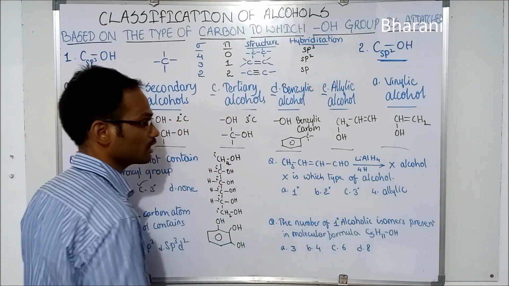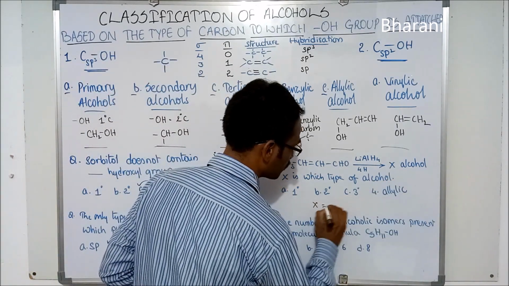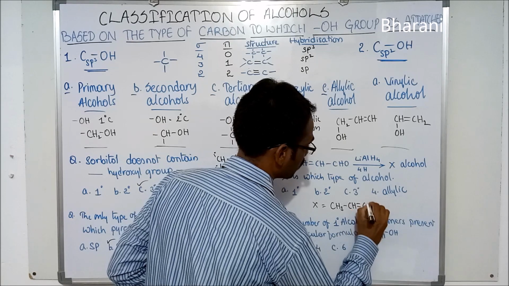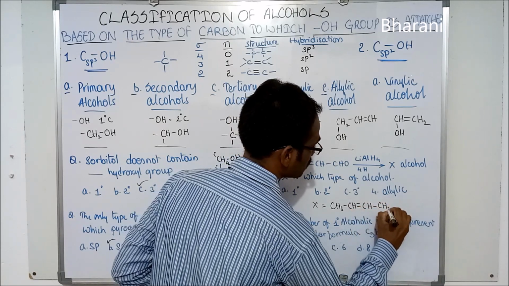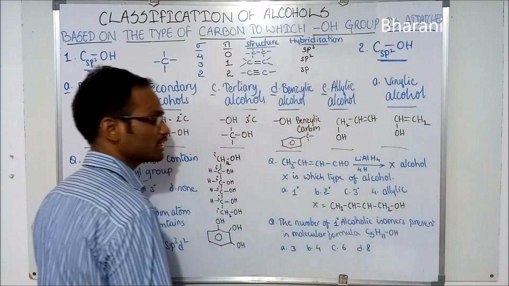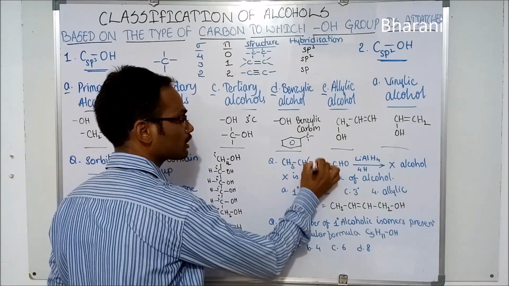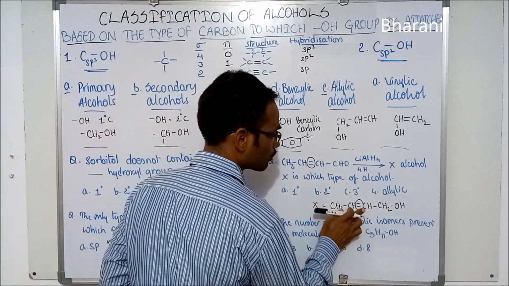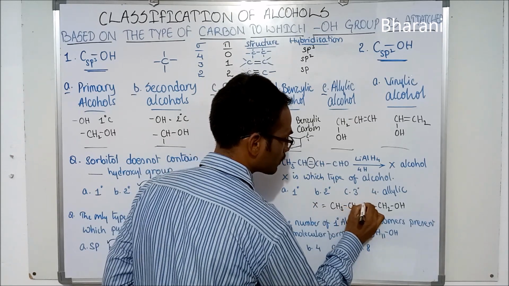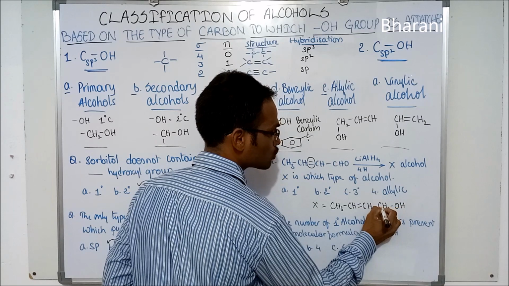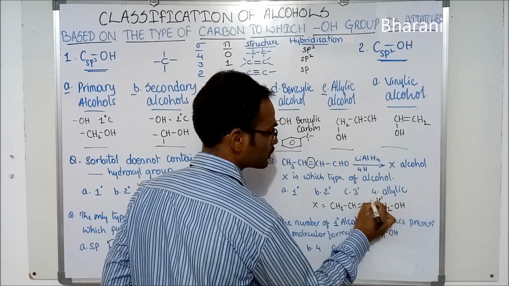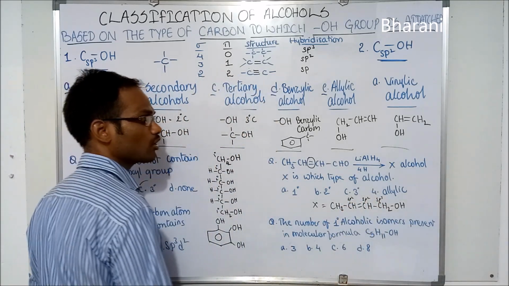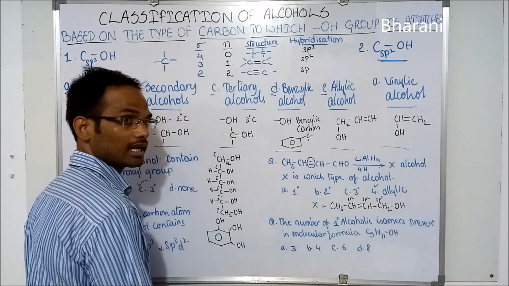Which type of alcohol is it? The X alcohol we get is CH3-CH=CH-CH2OH. Here in this condition the double bond is not affected. Now what is an allylic alcohol? A hydroxyl group attached to an sp3 carbon atom which is attached to an sp2 carbon, that is a carbon double bond, is called an allylic alcohol. So the answer is allylic alcohol.